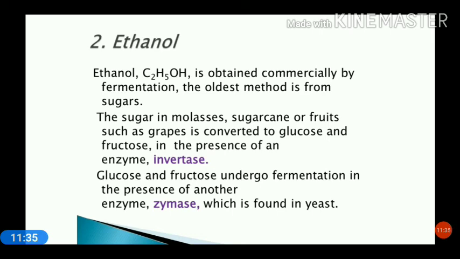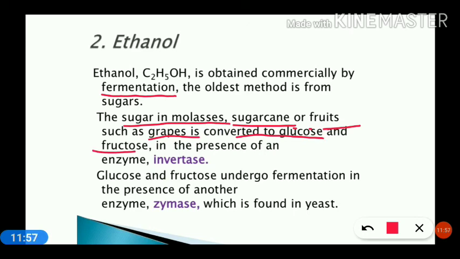Next is ethanol. This is the reagent or solvent you know very well. It is obtained by the fermentation process. Sugar in molasses, sugarcane or fruits like grapes, potatoes is converted into glucose and fructose in the presence of the enzyme known as invertase.